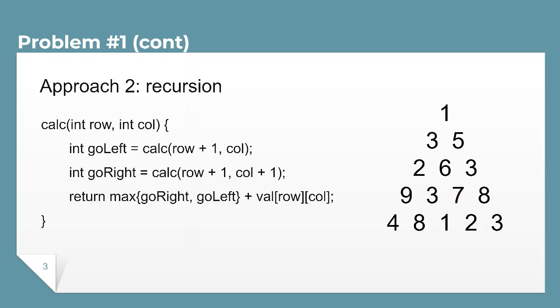So calc is a recursive function that returns, for a given position, what is the maximum sum you can get from this position going all the way to the bottom. So you would either go to the left or the right. You try and see what the maximum sums are for the left path and for the right path, and then you take the max of them, add your current value, and return that. So that's the intuition behind this recursive function.